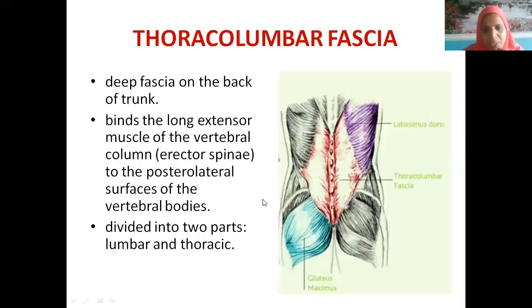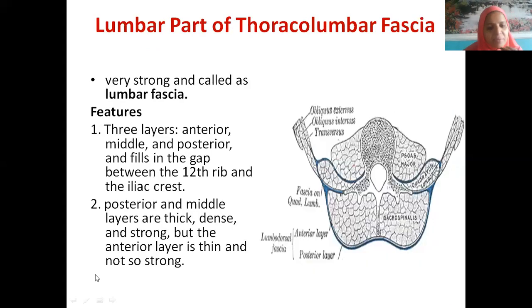The posterior and middle layers are thick, dense and strong, but the anterior layer is thin and not so strong. You can see from this picture, this is the posterior layer. If you remove this muscle, one by one we will get the others. These layers extend from the 12th rib to the iliac crest.